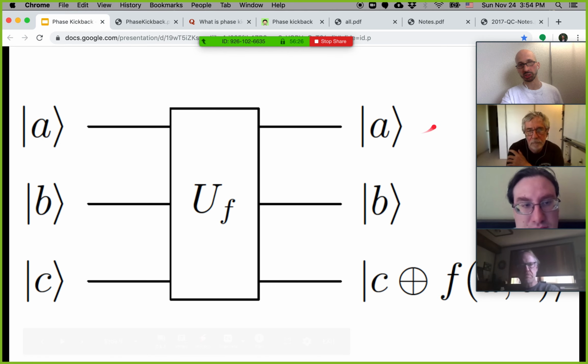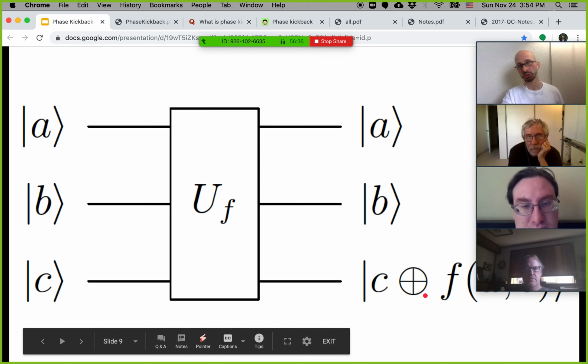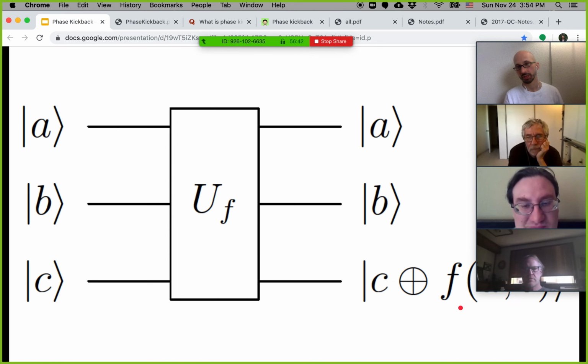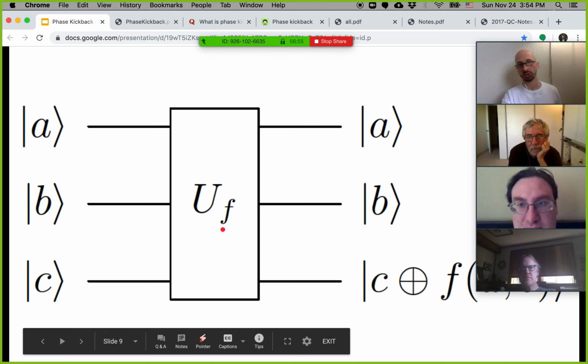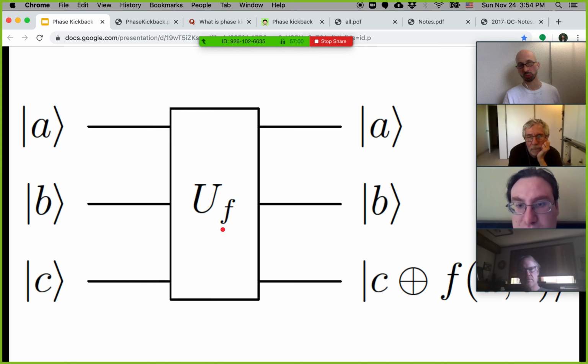And in the classical case, for control qubits, this UF outputs A and B the same way, it doesn't change them. And the target qubit flips depending on the value of function f. And function f is the function we just talked about. So the way this works, actually this is controlled by function f, not operation. It's similar to control not, but it's not controlled by 1.